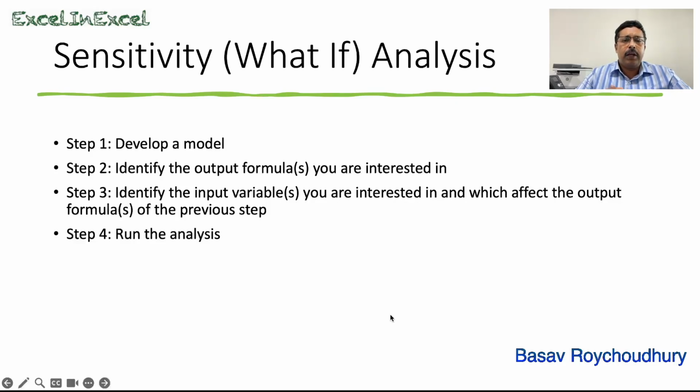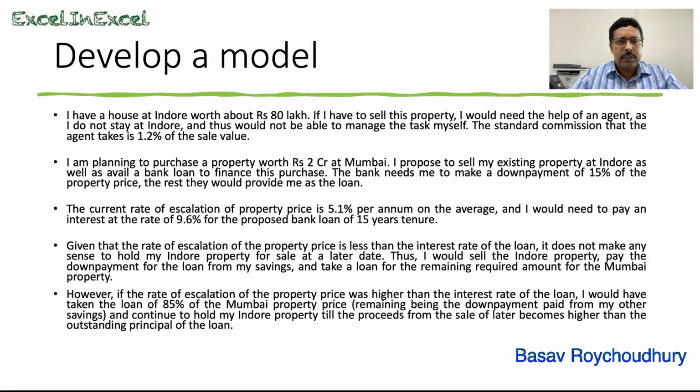So in step 2, we identify the formula or formulas whose output we are interested in. In step 3, we look at which input variables we are going to vary. We can run the analysis in step 4. For any sensitivity analysis, we need to have an existing model.